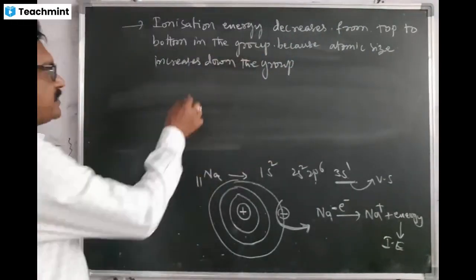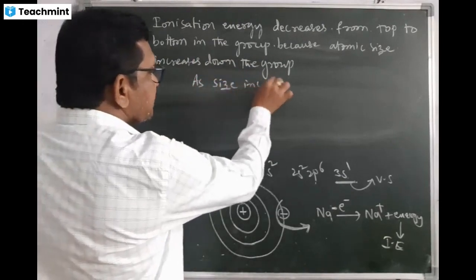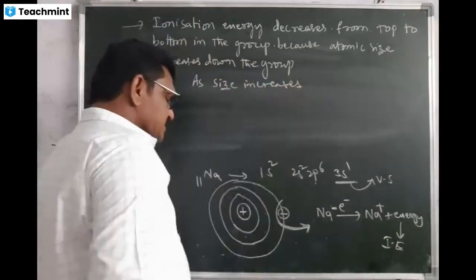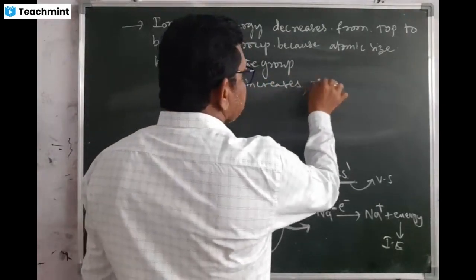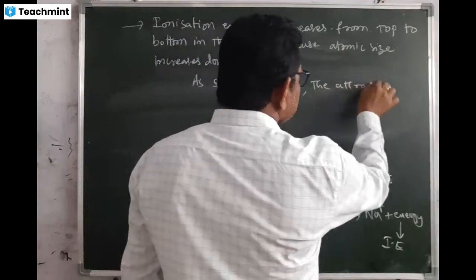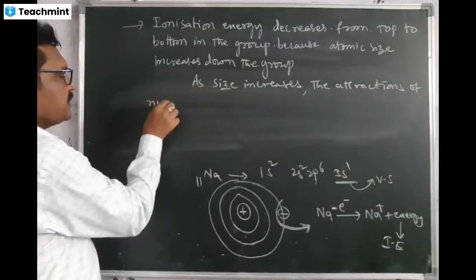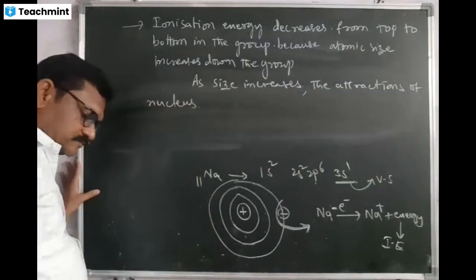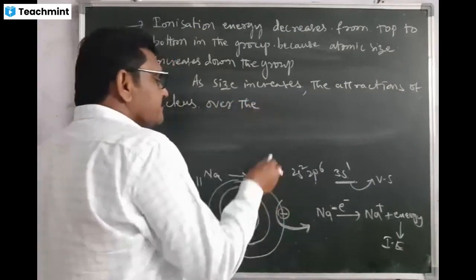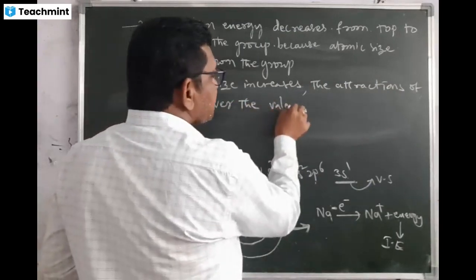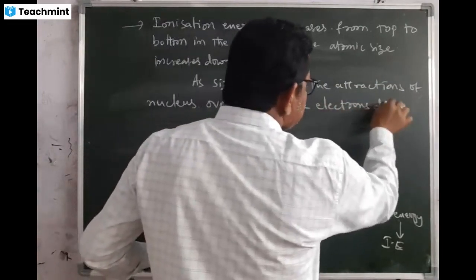Okay, you write down: as size increases, the attractions of nucleus over the valence electrons decreases.